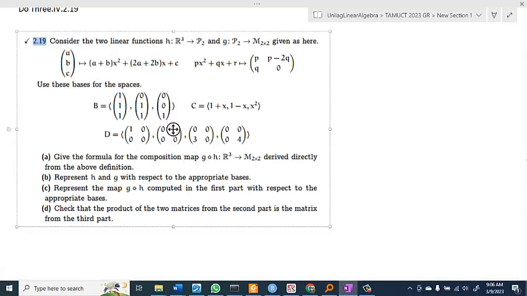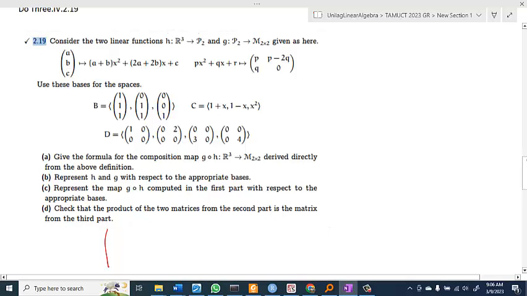Well, we can see that if I take the standard basis, I can find out what this map does to it.